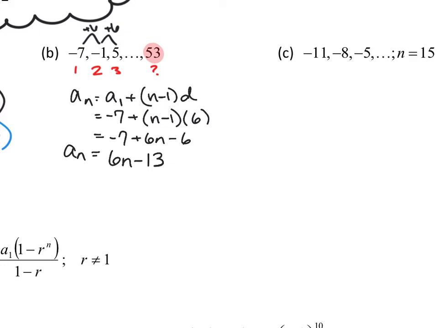We just then need to figure out what term number 53 is. So very similarly to how we found that upper limit a second ago, we need to figure it out again. Add 13 to both sides, divide by 6. That means it's the 11th term. Once I know that this is term number 11, I have everything I need to be able to use the formula.